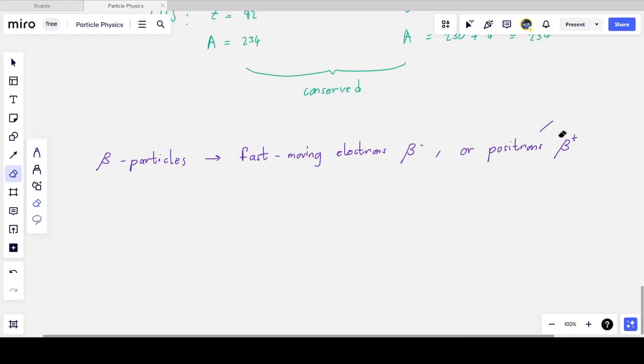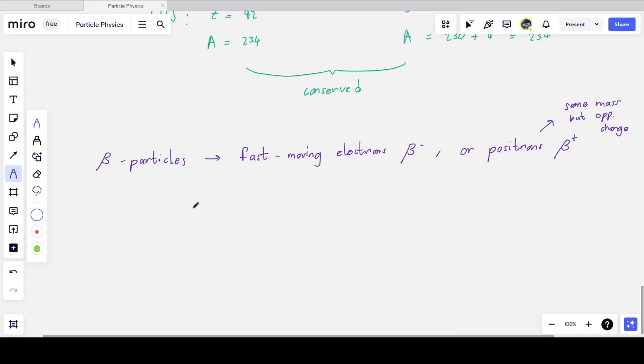So this beta particle here, the positron rather, has the same mass but the opposite charge. And all antiparticles have the same mass as their particle counterparts, but their charges are opposite. We can also call the positron an anti-electron.